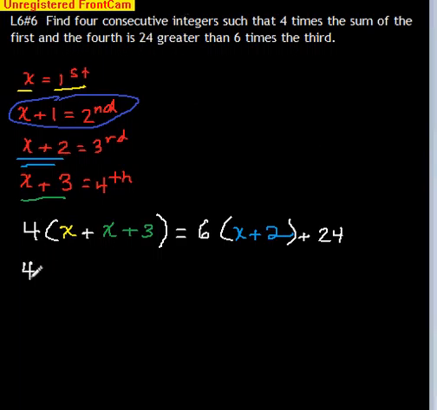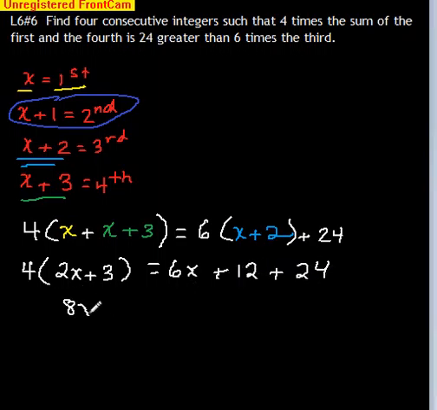So we get 4 times 2x plus 3 equals 6x plus 12 plus 24. 8x plus 12 equals 6x plus 36. 6 is over here, x is over here, so we get 2x.